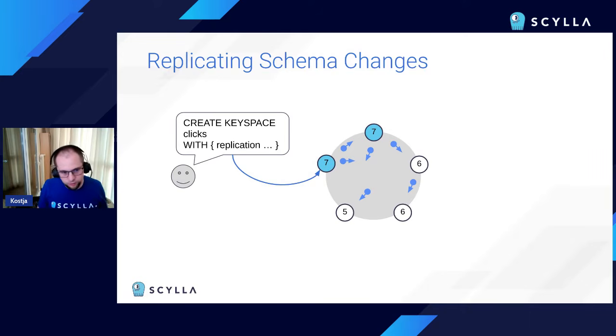But because of the high availability requirements, strictly speaking, you can run the schema changes in isolation. You can have a single node in the cluster, use that node to create a new table, and then expect that it's eventually propagating to all of the other nodes in the cluster.